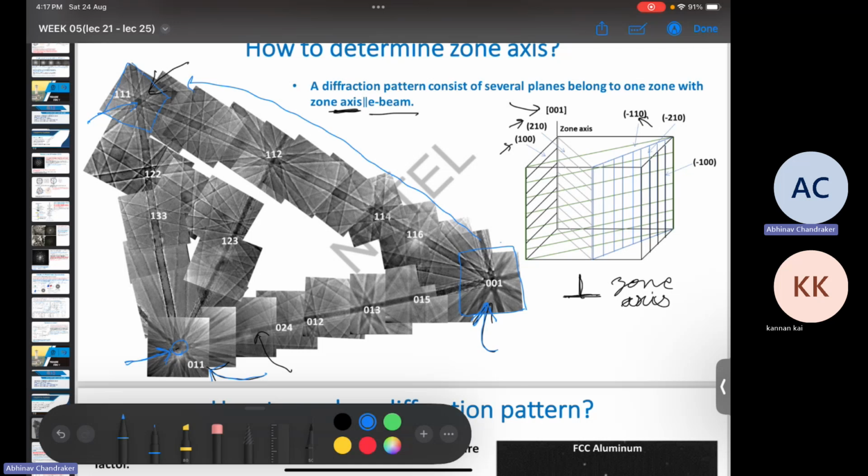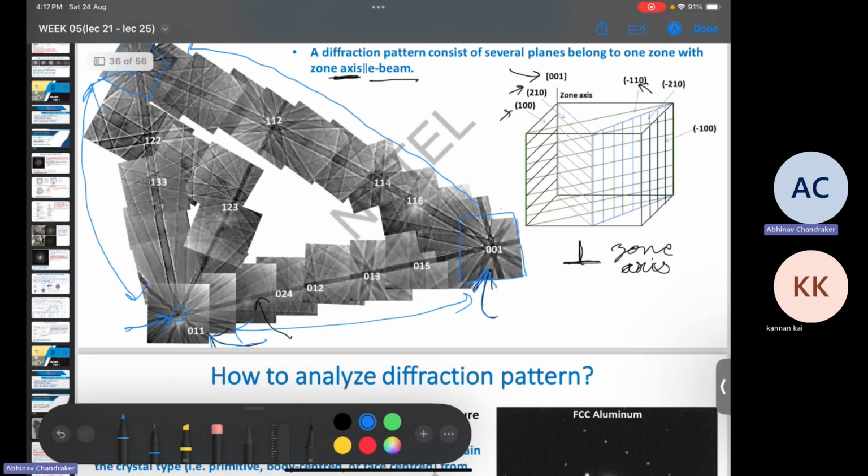So the 1 1 1 direction in the crystal lattice is parallel to the electron beam, and like this we can make a map, a Kikuchi map, which can tell you about your crystal orientation.